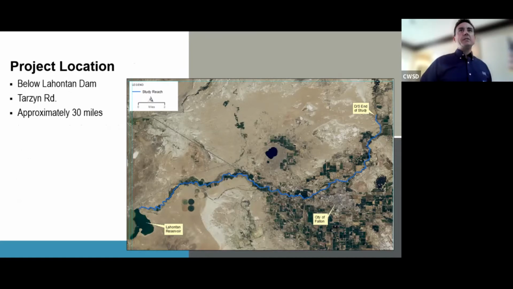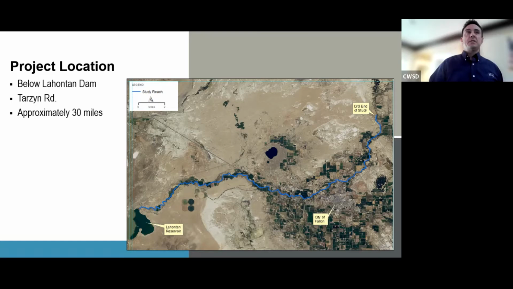So the project location is below Lahontan Dam, and it's approximately 30 miles of the Carson River below Lahontan. And you can see in the graphic here, we're ending it right around Tarzan Road, if people are familiar with that area. It's not going to be remapping through the city of Fallon, but it will be the Carson River.